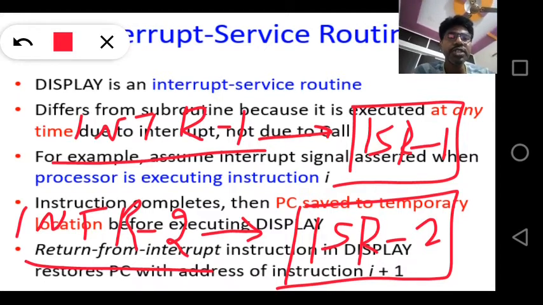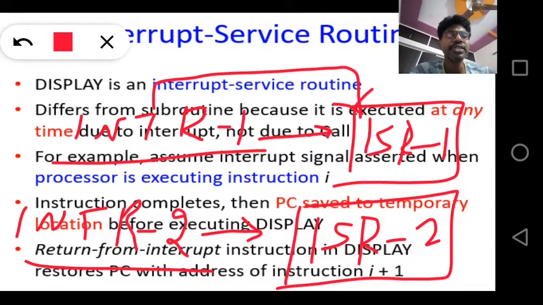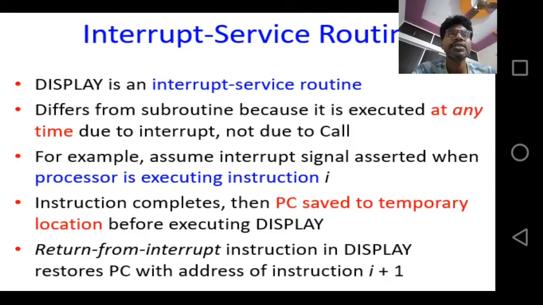So for each interrupt request, there is an associated interrupt service routine. This interrupt service routine differs from the normal subroutine because it is executed at any time due to interrupt, not due to a call. It is just like a normal subroutine, but the only difference is that it is executed when the concerned interrupt request is generated.